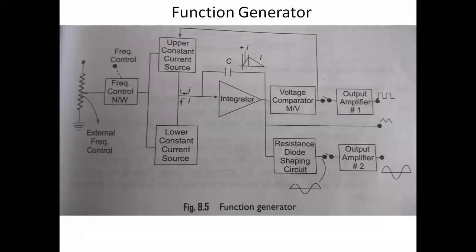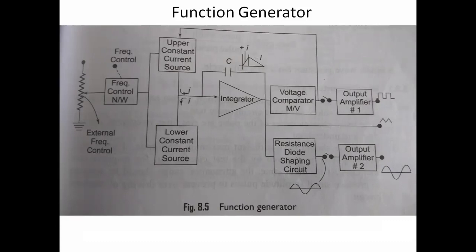By adjusting the value of the capacitor, we can change the frequency of the generated signal. The frequency variation is done by adjusting the capacitance value in a given tank circuit, whether it is an RC circuit or an LC circuit.